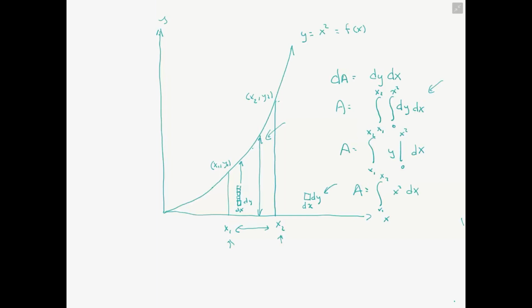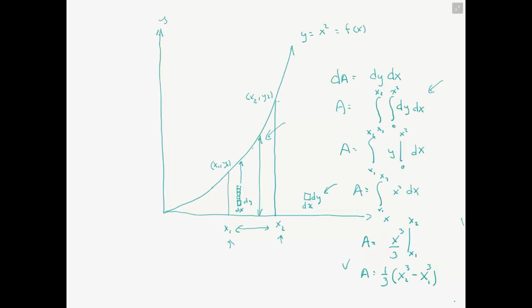And now we just integrate in the x direction, and we know the power rule for the integration. We learned it just a few minutes ago, and that would be area equals x to the third over 3 between x2 and x1. So that's equal to 1/3 (x2 to the third minus x1 to the third), and that's our answer right there.